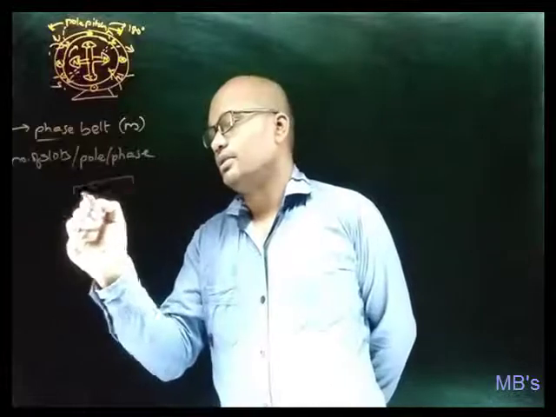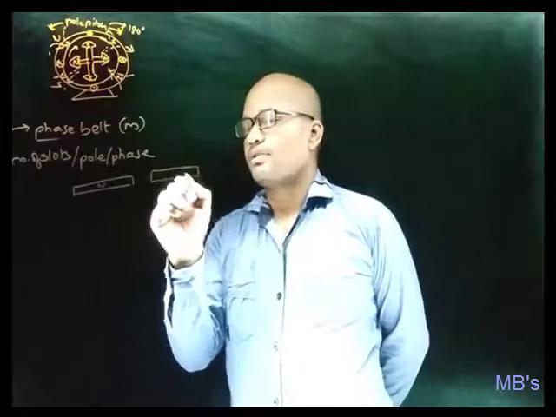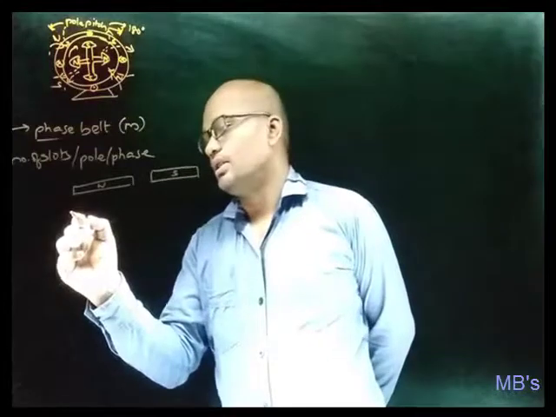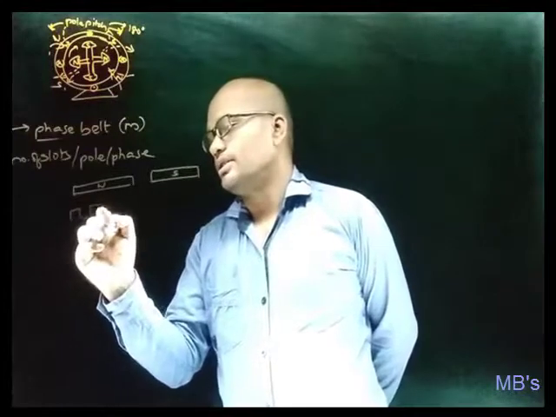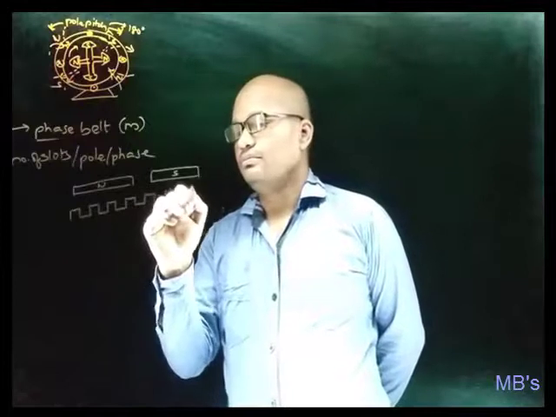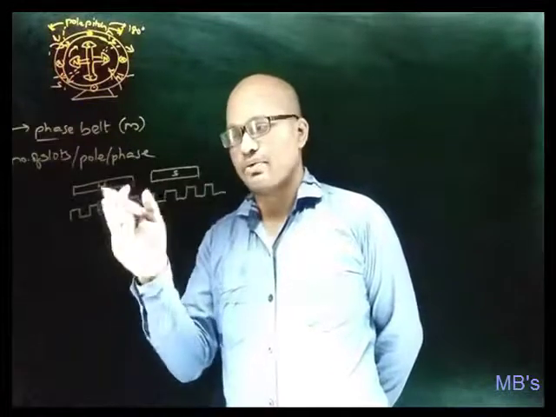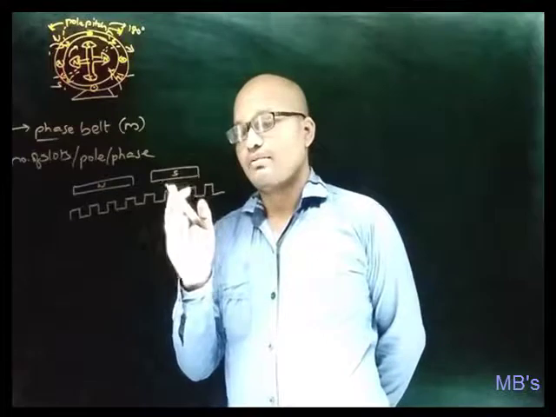Let this be the North Pole, and let this be the South Pole, and let these be the slots. These slots are under the influence of the North Pole, and these slots are under the influence of the South Pole.